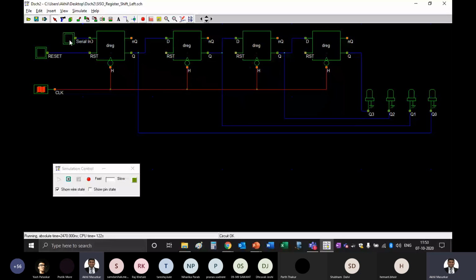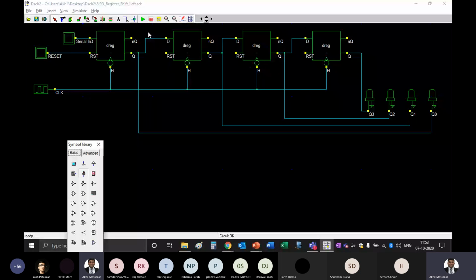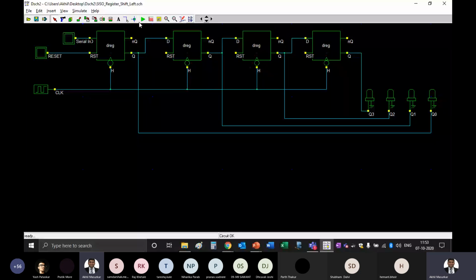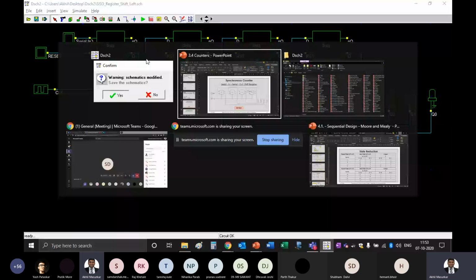When you want to shift right, you are giving the input on the last flip-flop. Many times this shift left and shift right are used interchangeably. Now many of you will have a confusion actually. I'll tell you that also, and we'll highlight that point.